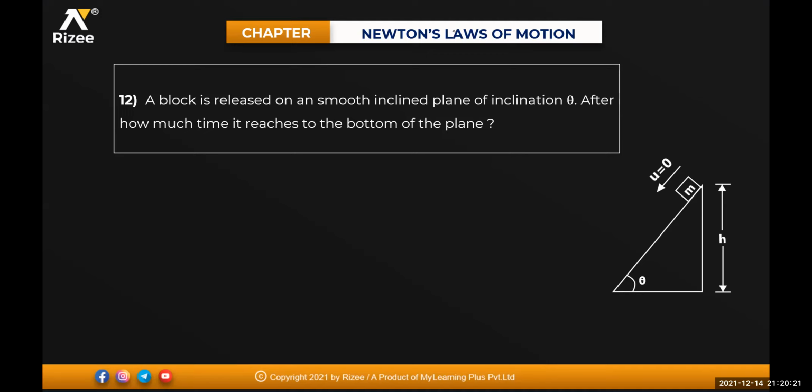Near to the answer. Nandini? Barika? T is equal to 1 by sin theta root of 2h by g. Very good. Still anyone better? Afia?